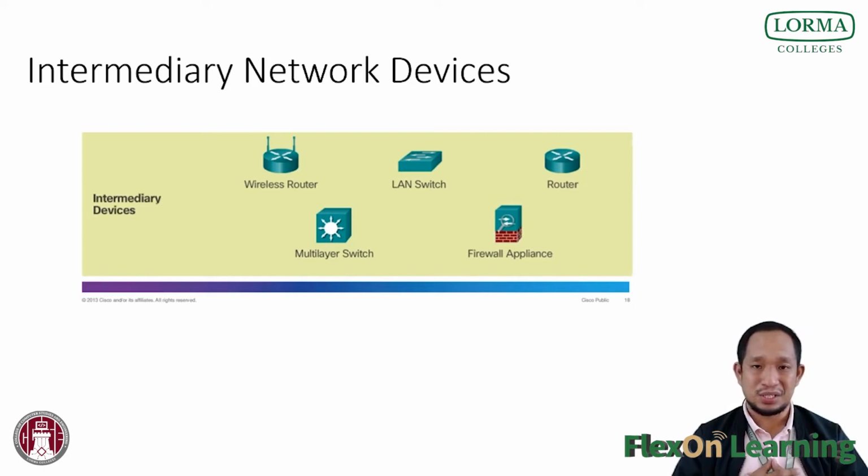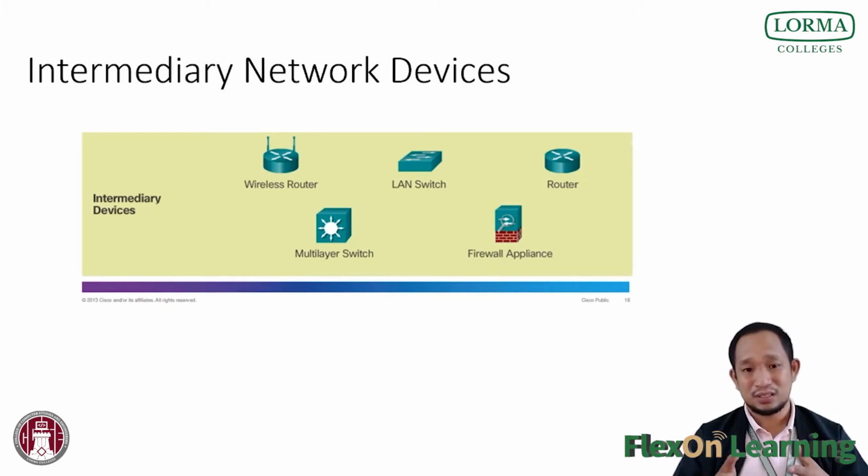Another example now is a wireless router. Maybe if you have Wi-Fi, you automatically have a wireless router. Another one is local area network switch, router, multi-layer switch, and of course firewall appliance. So these are part of intermediary network devices.